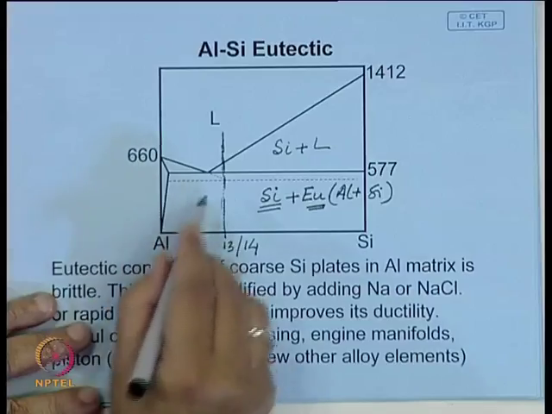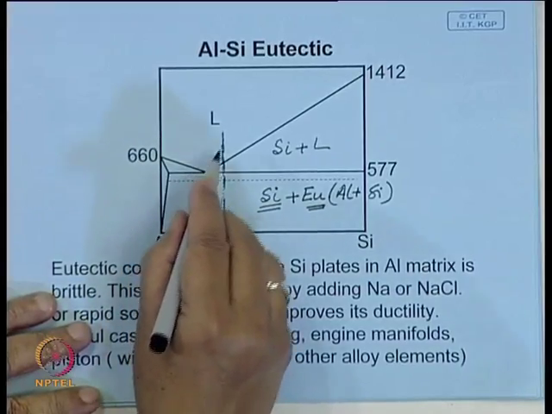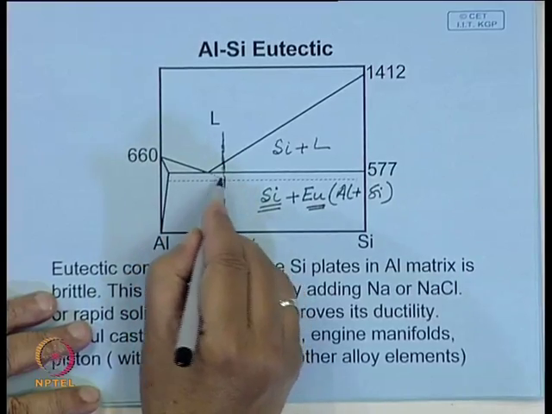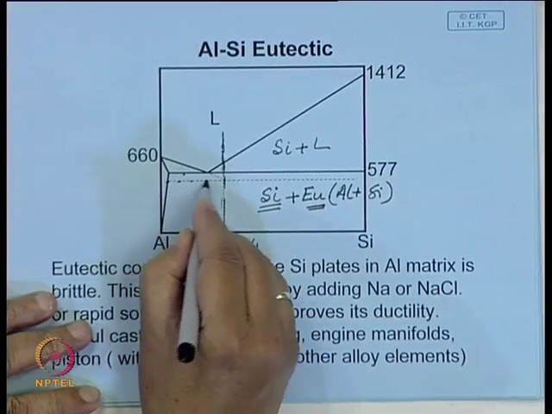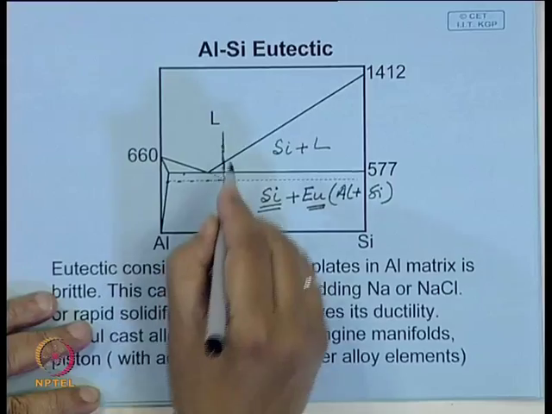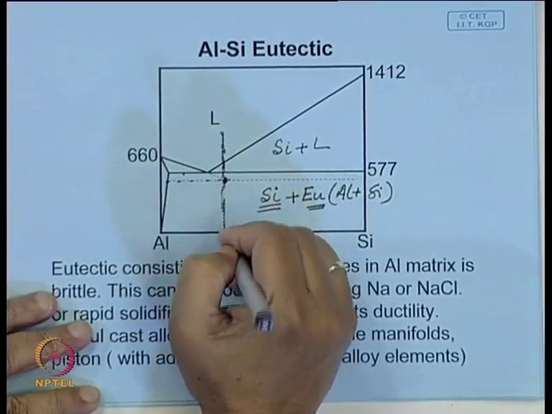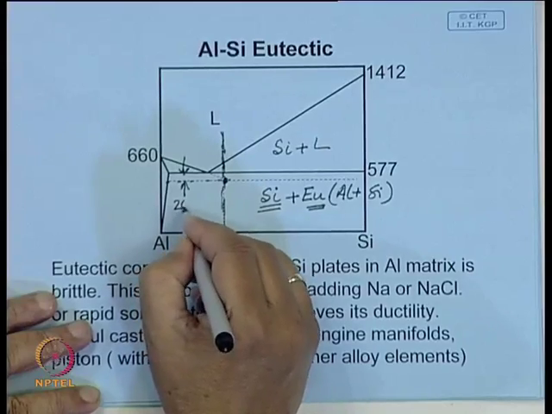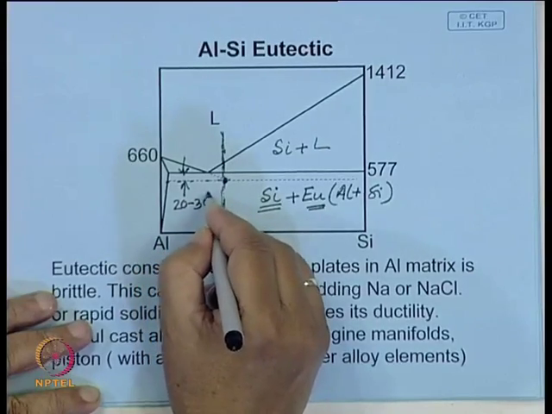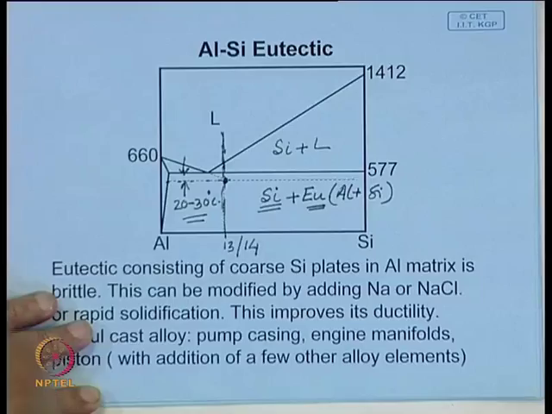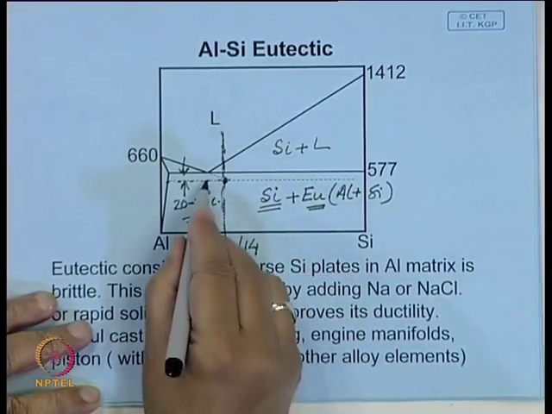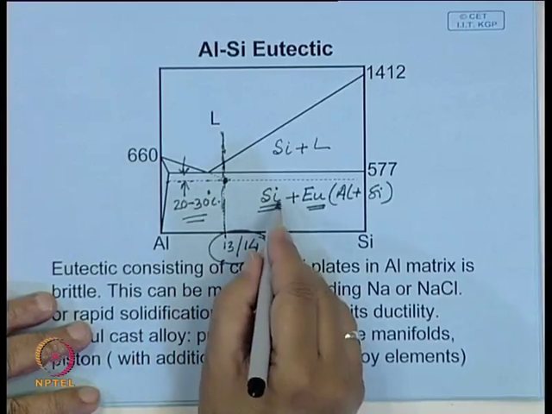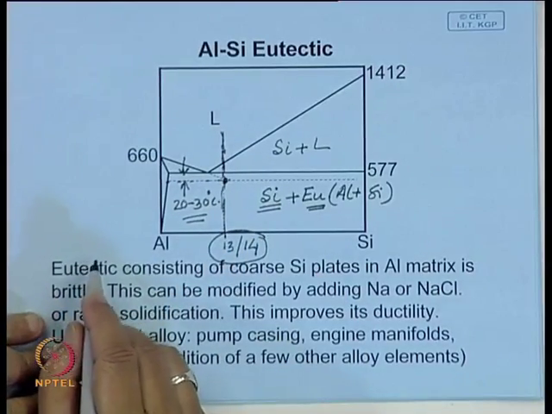Now, if you add sodium, what happens? The eutectic composition shifts to the right and the temperature also comes down. So, its fluidity increases and it is easier to cast. This drop may be about 20 to 30 degree centigrade. It can have more silicon in the eutectic, and the silicon in the eutectic is relatively fine.